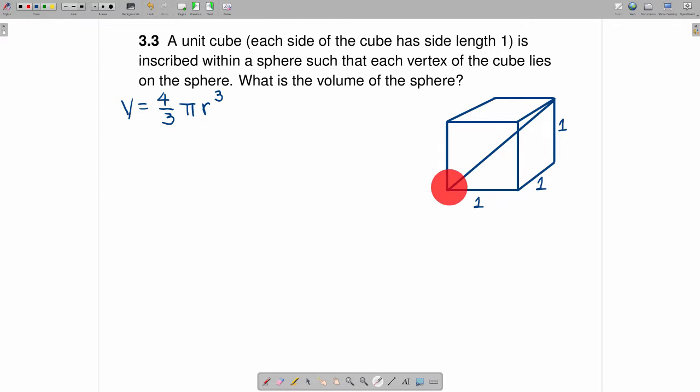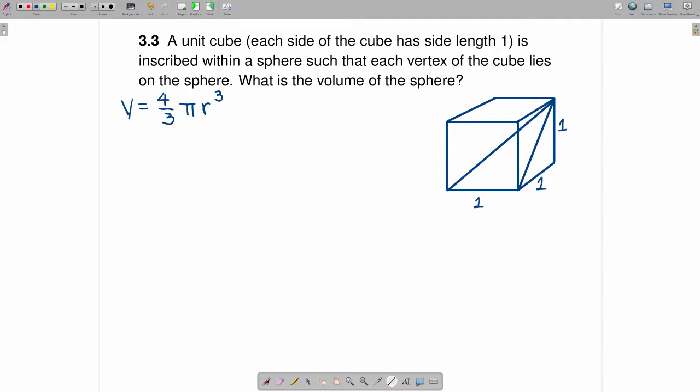So one way of figuring out the length of this diameter is to first figure out the length of the line that's diagonal on one side of the cube, connecting these 2 vertices right here.